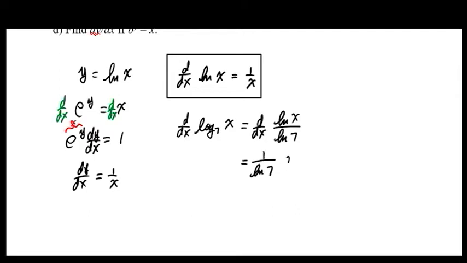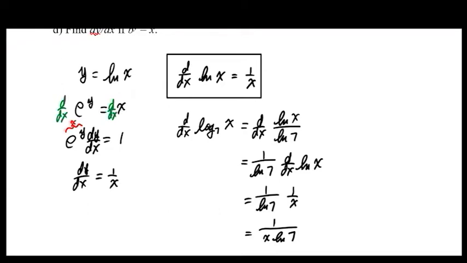And then this is a derivative of ln x, and we just learned what the derivative of ln x is. So it's 1 over x. And if you want to make it look prettier, which you don't have to, you can write it like that. Good.